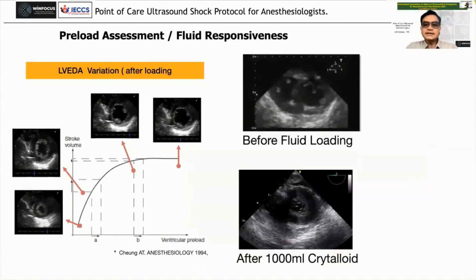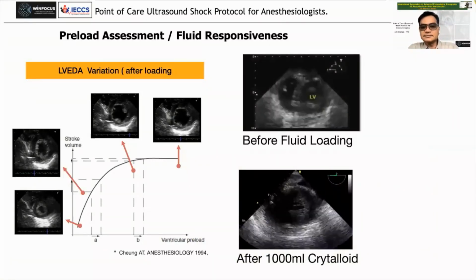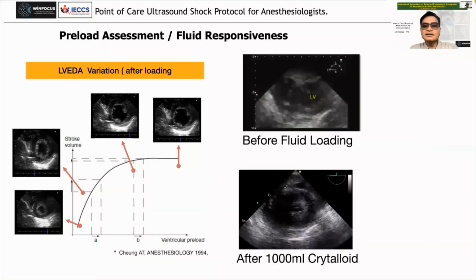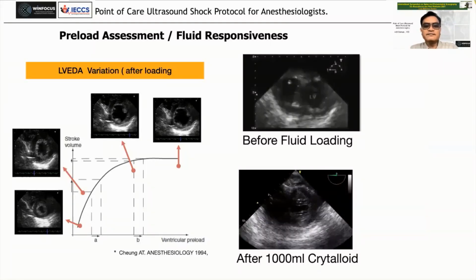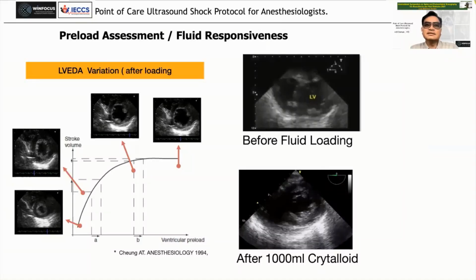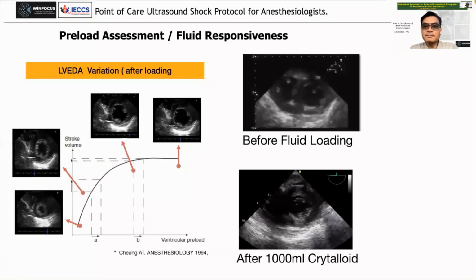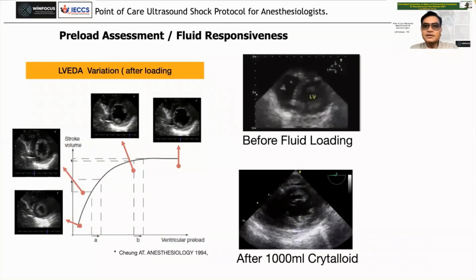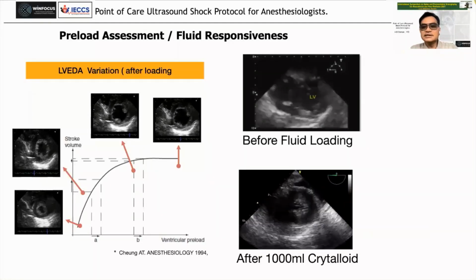The second thing that we can use point of care ultrasound for is looking at the preload assessment and fluid responsiveness. This is the simplest way to do it. Based on this Frank-Starling curve, you can look at the left ventricular end-diastolic area. But the limitation of this technique is LV compliance, meaning, in simple English, there must be no history of abnormality or pre-existing cardiac abnormality.